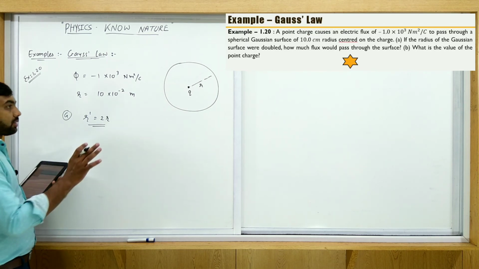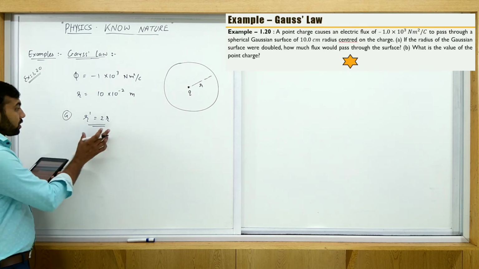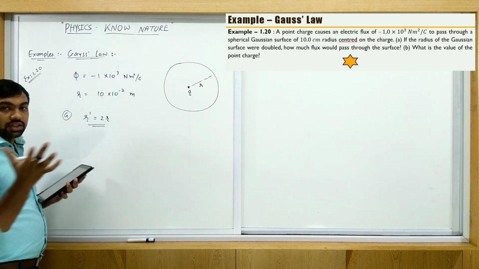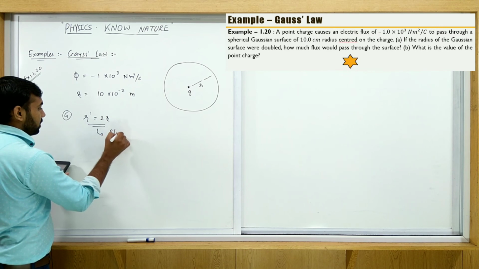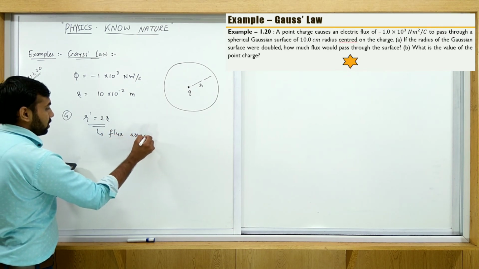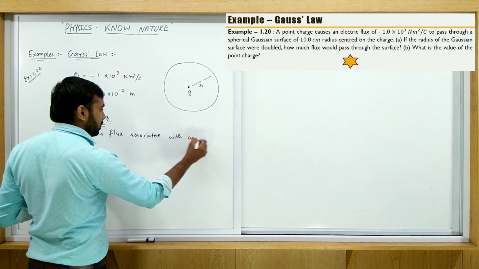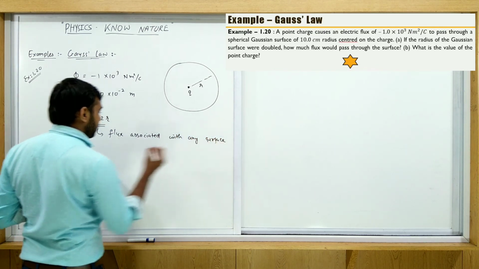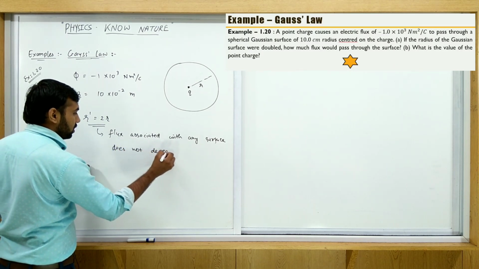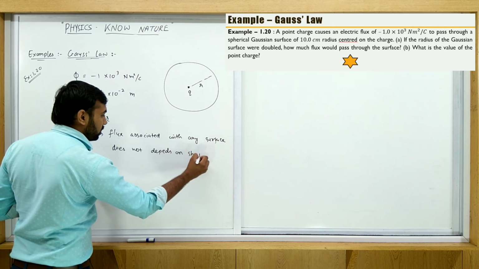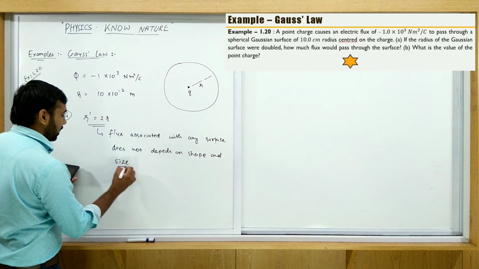So here we write some important notes about Gauss law. The flux linked with a surface does not depend on shape and size. So we write: flux associated with any surface does not depend on shape and size.